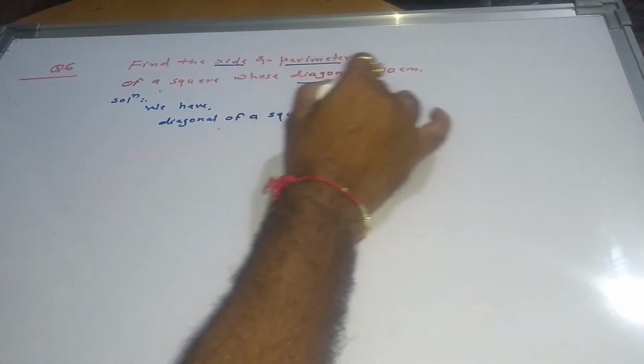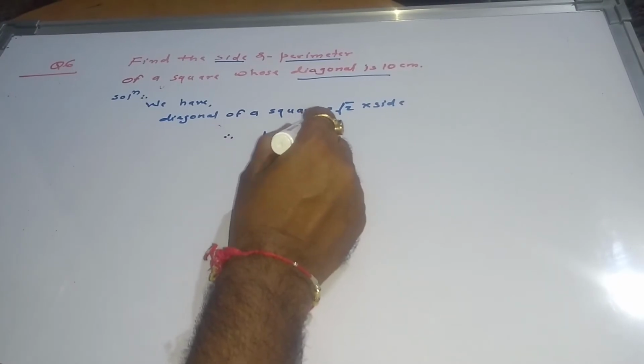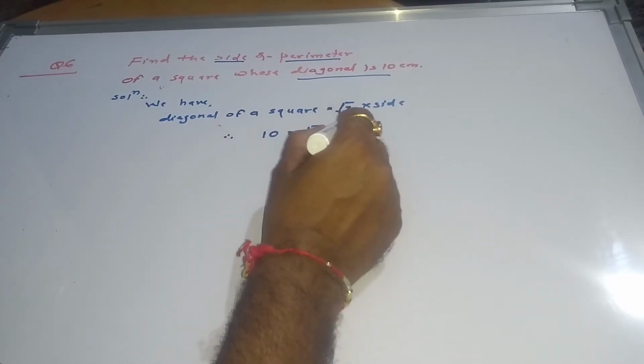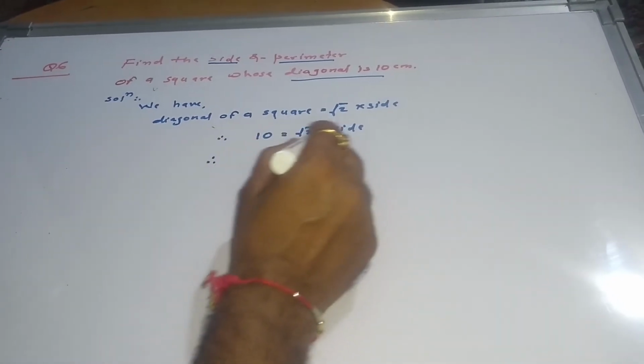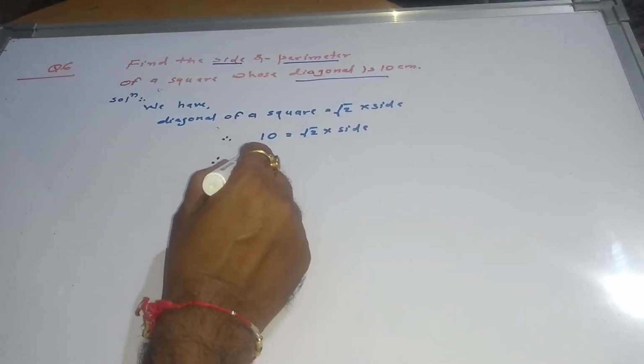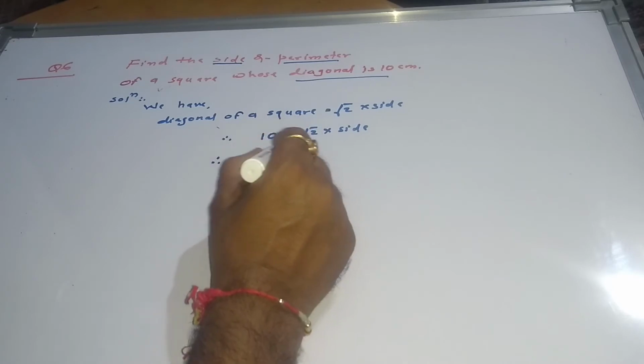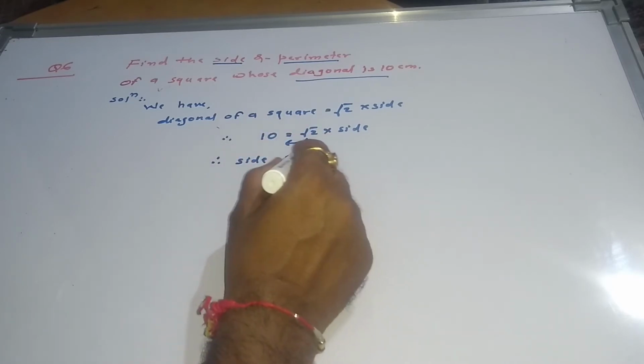So diagonal is given to be 10 centimeter. So keeping here the value of diagonal, 10 is equal to √2 into side. Therefore side is equal to, याला डिविजन ला जाईल, 10 upon √2.